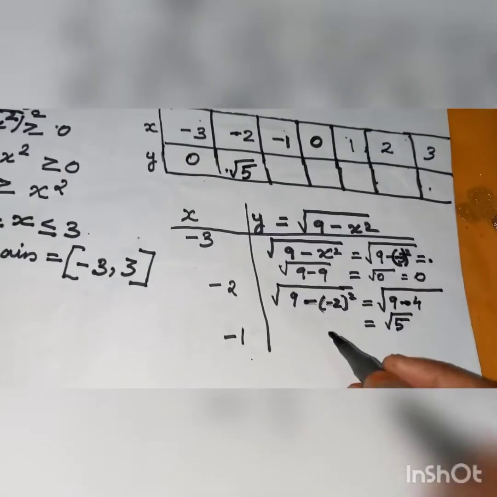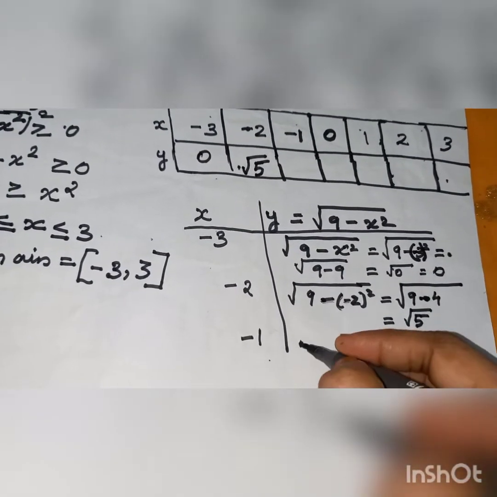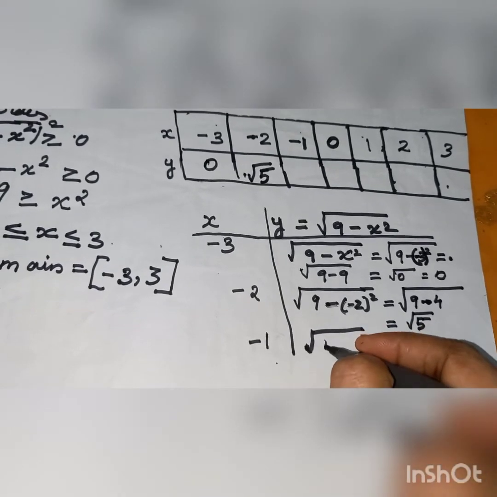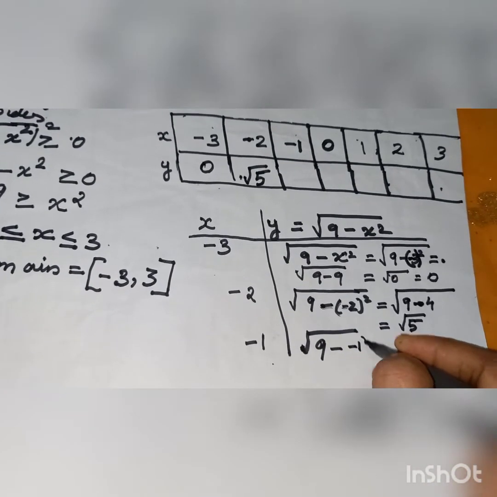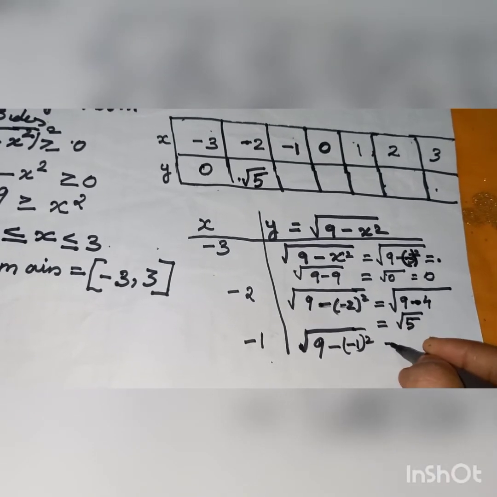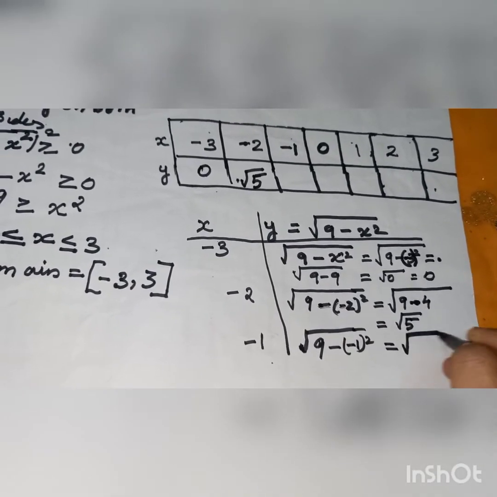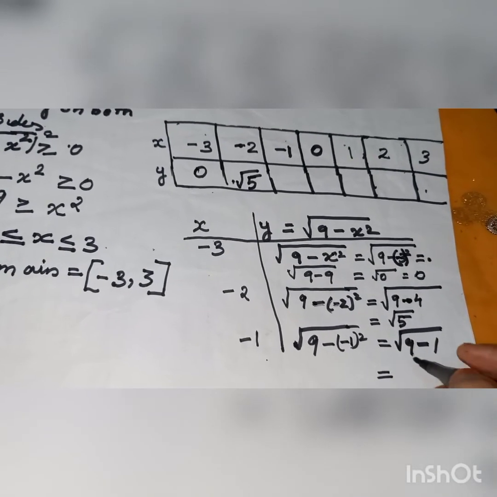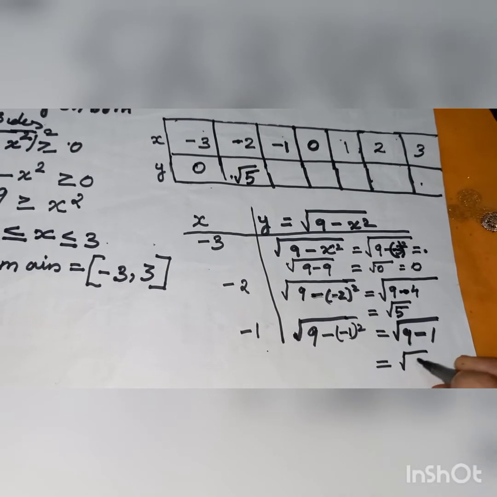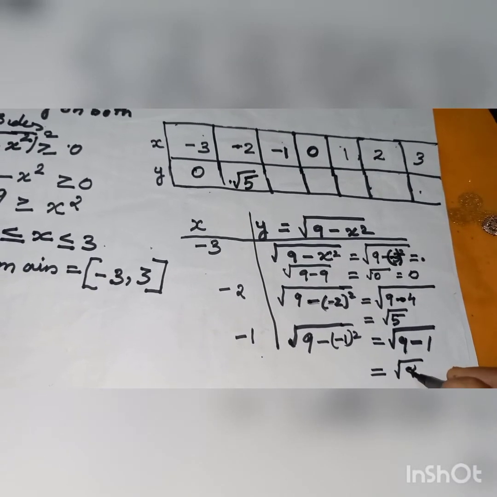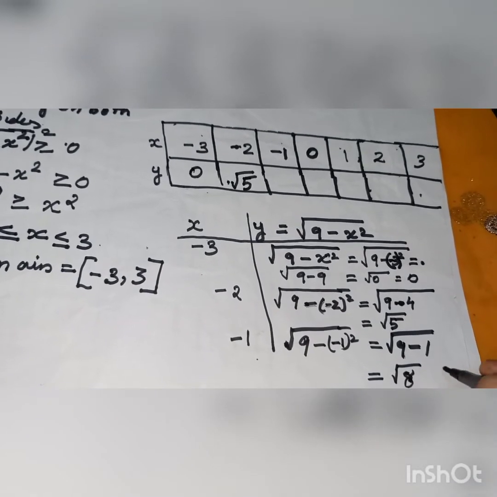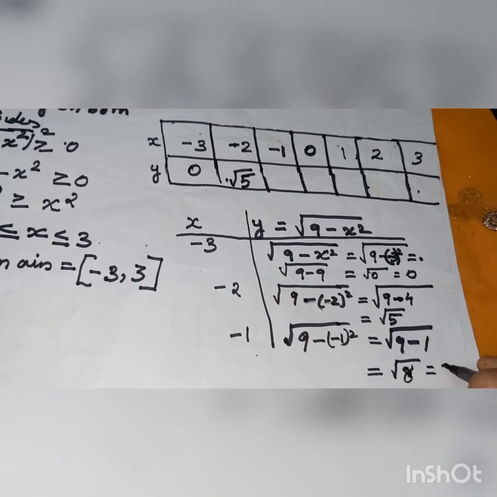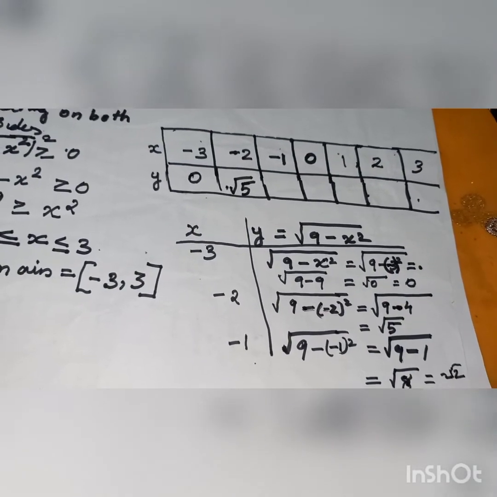Okay. Then if you put minus 1, what happens? Root of 9 minus 1 square, which means root of 9 minus 1. So 9 minus 1 is equal to how much? Root 8. Root 8 we can write as 2 root 2. How?